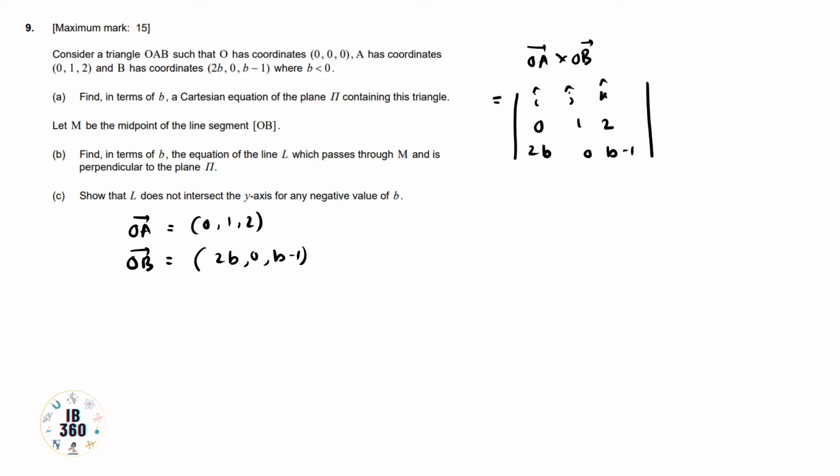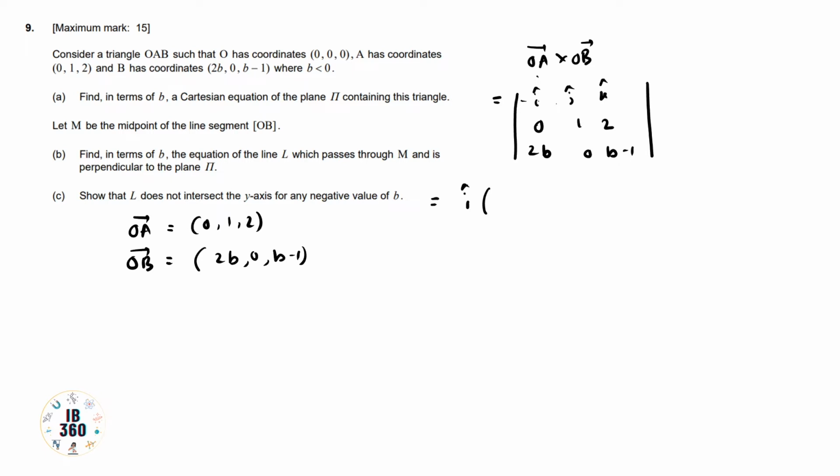Now the normal determinant. i, j and k are the unit vectors: i represents the unit vector towards the x-axis, j towards the y-axis, and k towards the z-axis. For i, the row and column including i will be excluded, so this cofactor we need to determine.